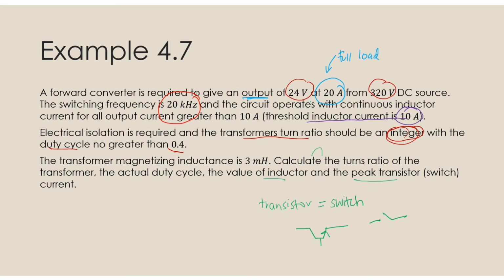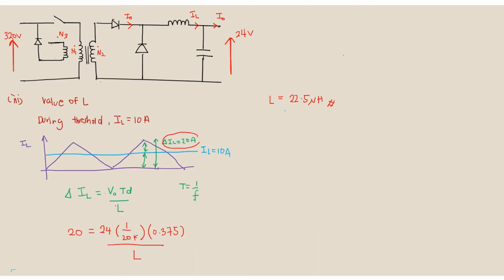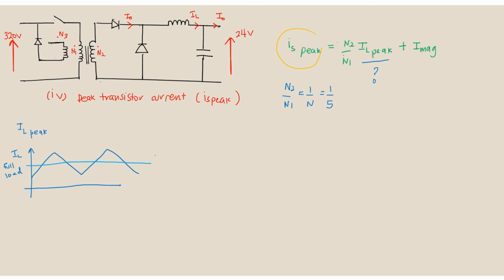Previously we said peak to peak is 20, so this point is called IL peak, and this is at 10.